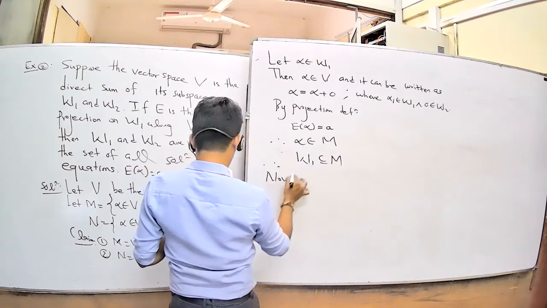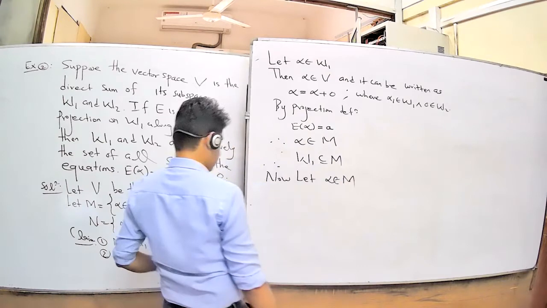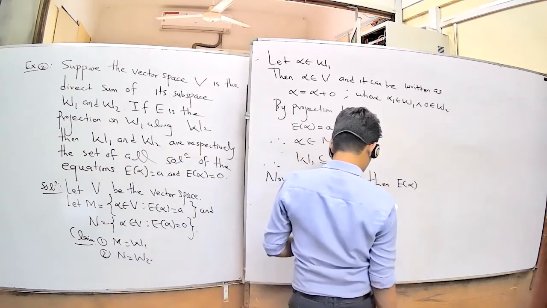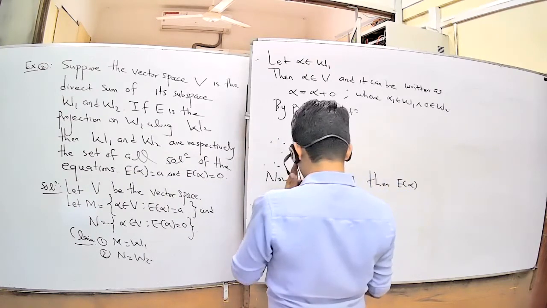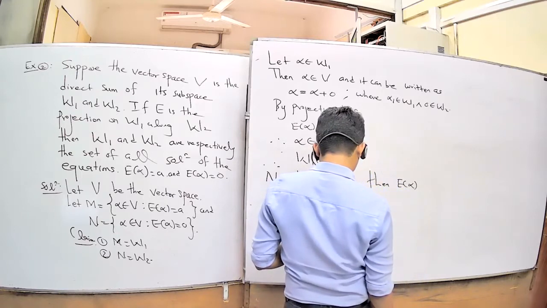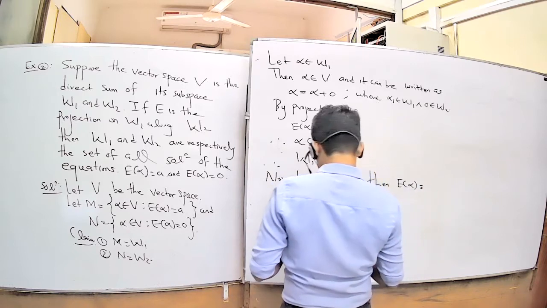Now, let alpha belong to M. Then our condition is E alpha equals alpha.